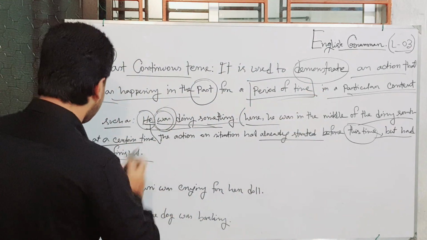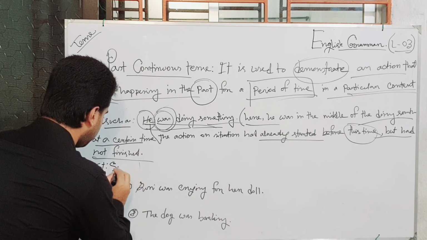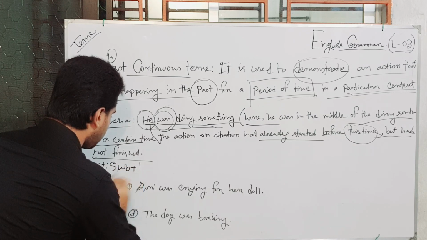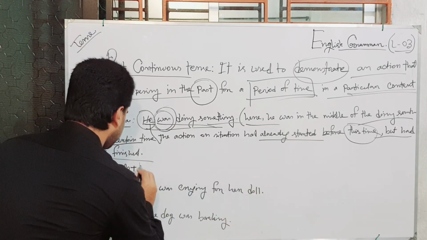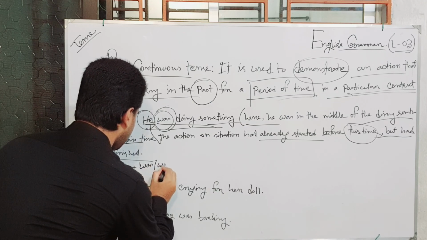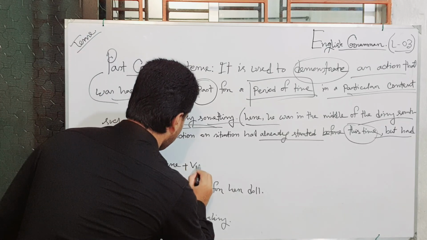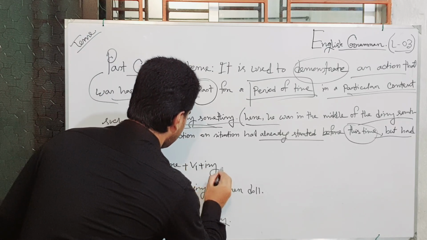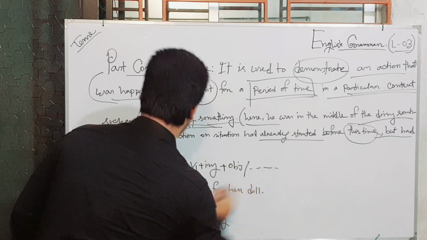Here the structure is subject plus was, were plus V1 plus ing plus object or other words.